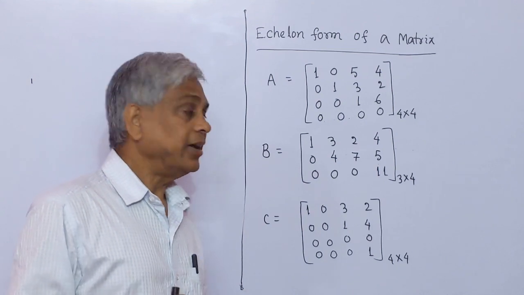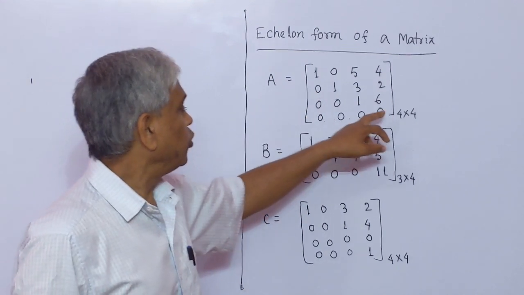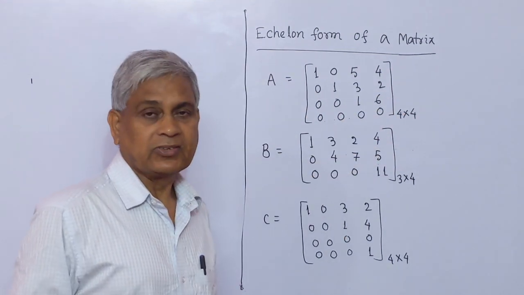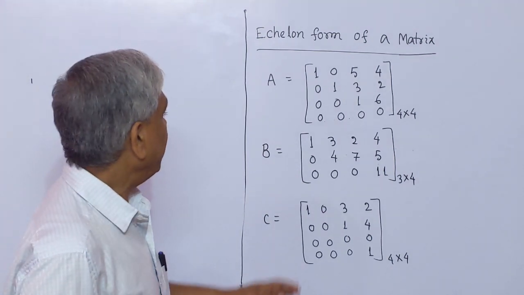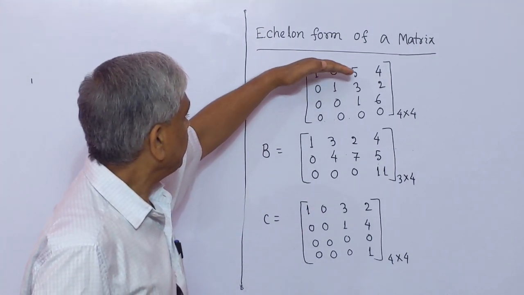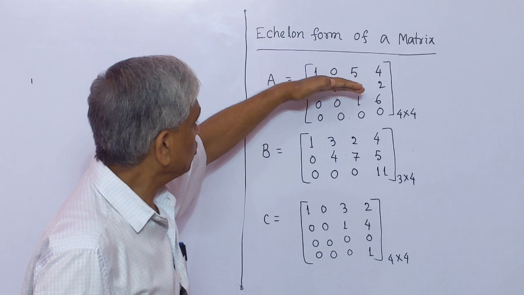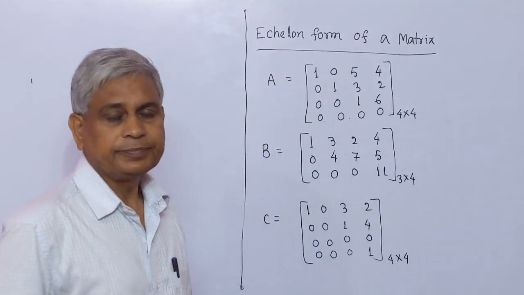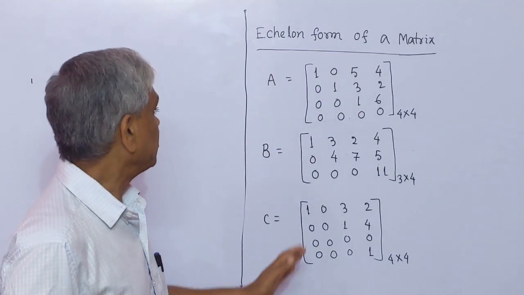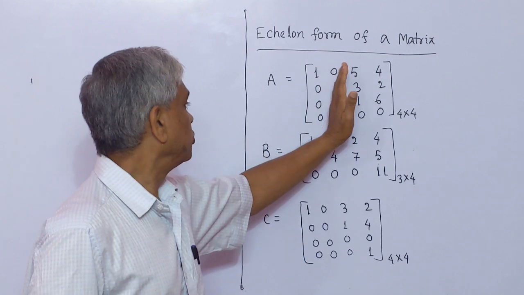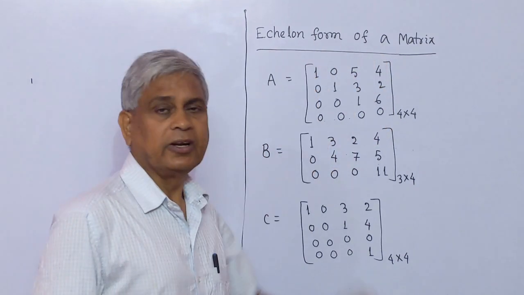Here we see that A is a 4 by 4 size matrix. That means the number of rows is 1, 2, 3, 4, and the number of columns is 1, 2, 3, 4.